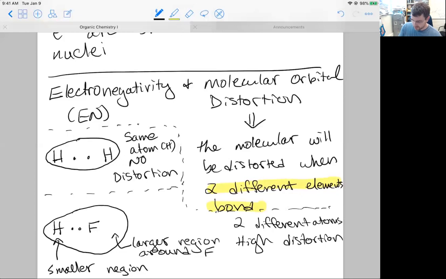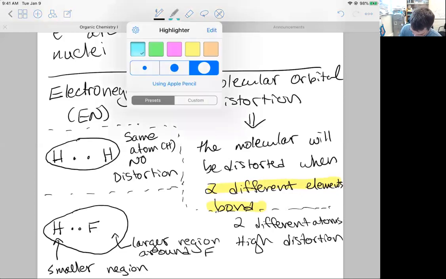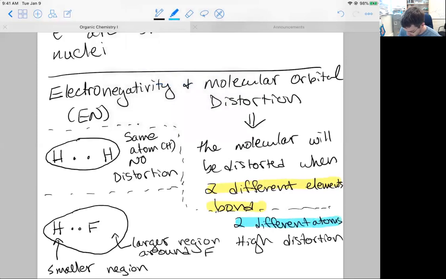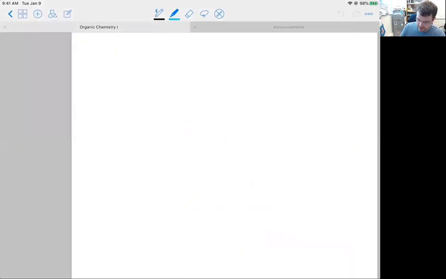The important thing is that with two different elements, we're going to see some distortion at least. Whereas if we have the same elements, as in the case of hydrogen and hydrogen, we won't see any distortion in that molecular orbital. Now, what does it mean to be distorted?